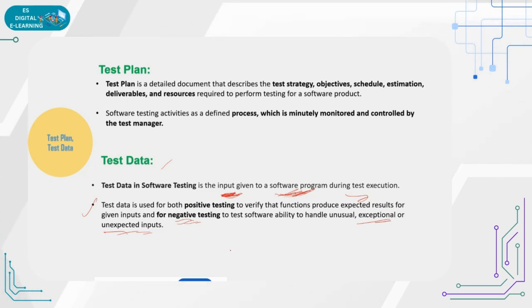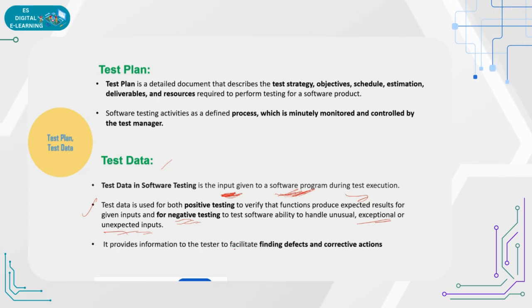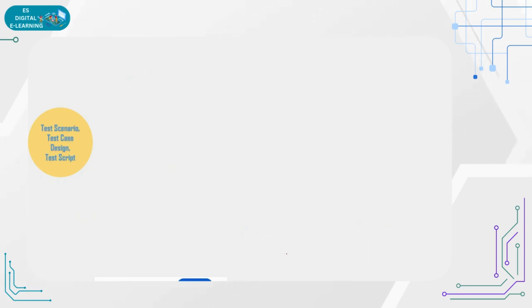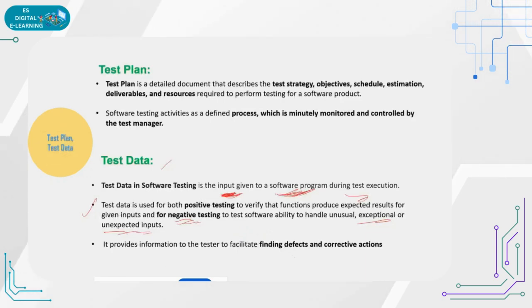That is the test data, whatever input we are giving. The test plan has detailed information about our test strategy. Whatever test data we give as input will be done by the tester, and he will see whether it is correct or whether there is any defect. So from the input side, the tester will verify.